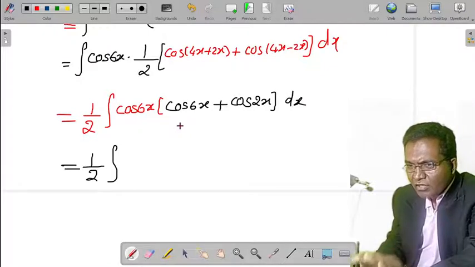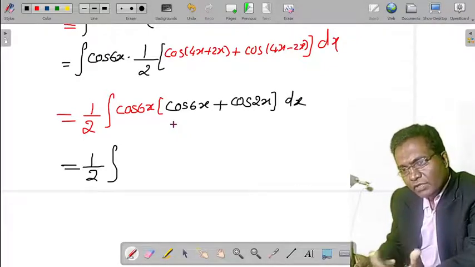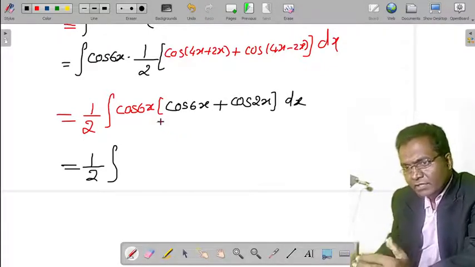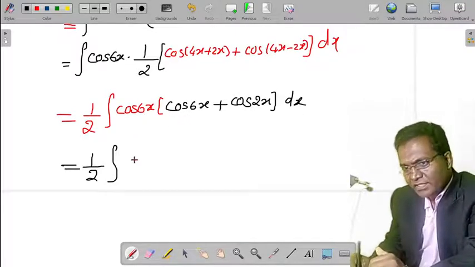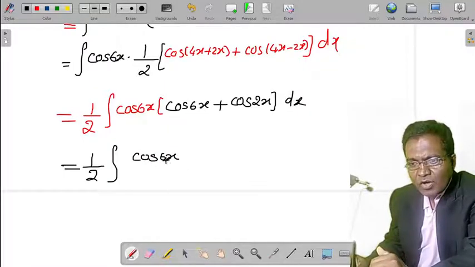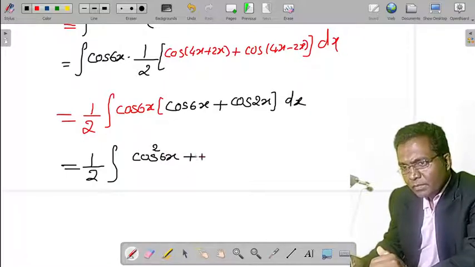Either you can write cos square 6x, and if you know the formula for cos square you can use that. Otherwise, if you don't know that, then keep it as cos 6x into cos 6x. So cos square 6x plus cos 6x into cos 2x.